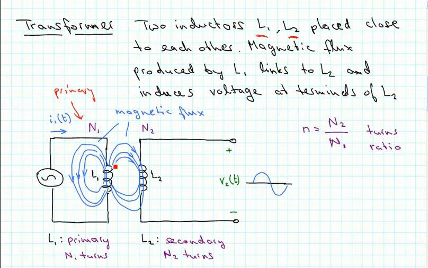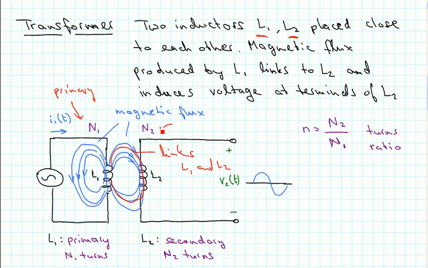So what we have here, what goes between L1 and L2, that is the magnetic flux that links L1 and L2. And so if you have a sinusoidal voltage or current at the input, then we're going to see a sinusoidal voltage at the output, and how large that voltage is will depend on the number of turns, N1 and N2, that we have for the primary and the secondary side.